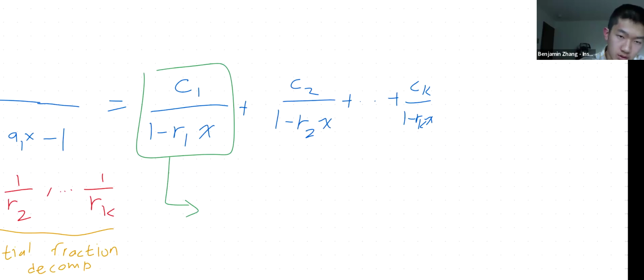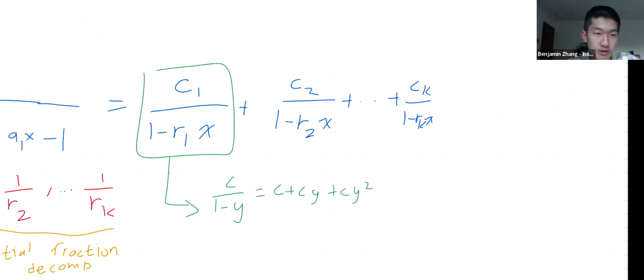So c over 1 minus y is equal to c plus cy plus cy squared plus dot dot dot, because this is just a geometric series.